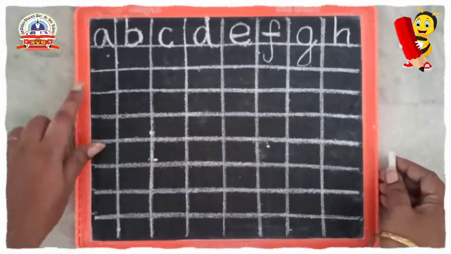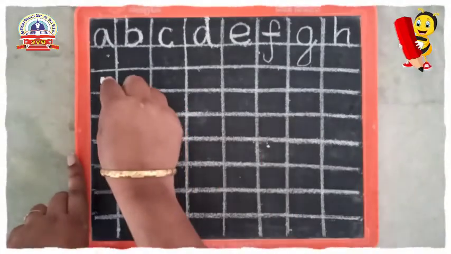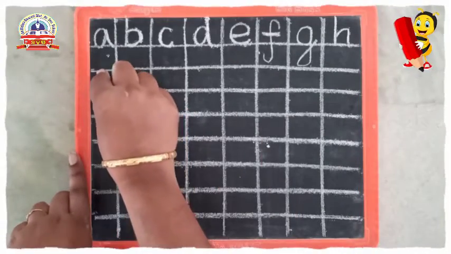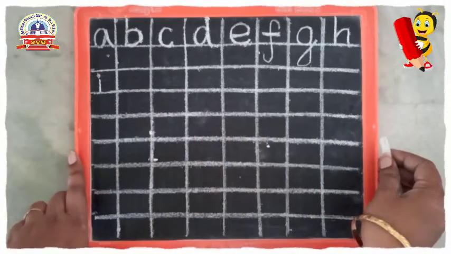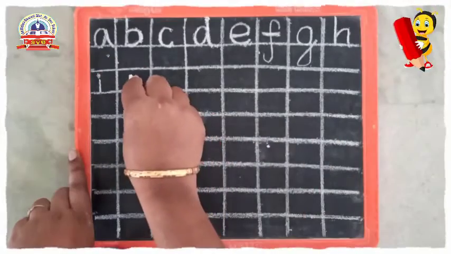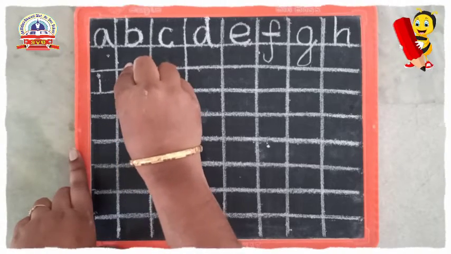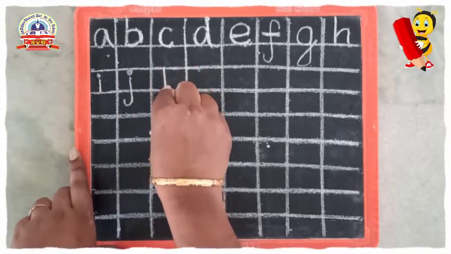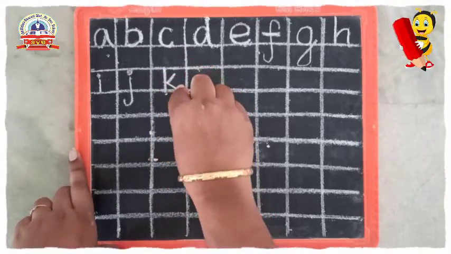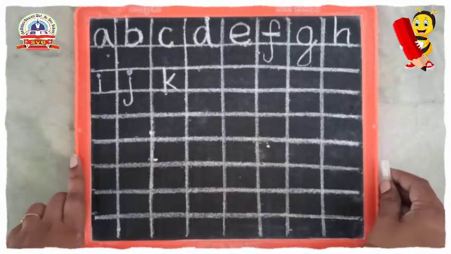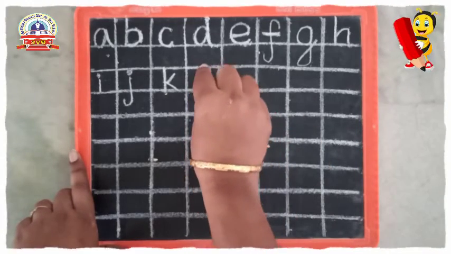Children, now leave this line, write in the next line. Okay children? Next comes E. Then Ij. Ik. Open your mouth and say Ik. Ik follows Il.